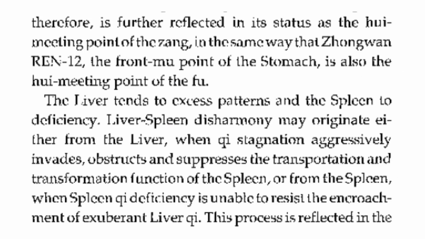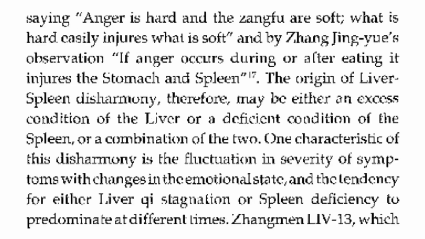The liver tends to excess patterns and the spleen to deficiency. Liver-spleen disharmony may originate either from the liver, when qi stagnation aggressively invades, obstructs, and suppresses the transportation and transformation function of the spleen, or from the spleen, when spleen qi deficiency is unable to resist the encroachment of exuberant liver qi.